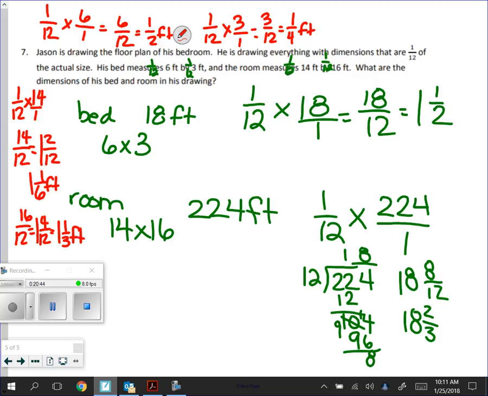So if you did the full area and then took the 12s, that was what you get. And if you do each dimension, which it did ask for the dimensions, so I would assume that is the way that you were supposed to, because it did ask for the dimensions. But I wouldn't fault you for doing the area, because that's the way I would have done it first, and then with reading it, really reading it, going, oh, it asked for dimensions. So that's really what it was asking for, is the dimensions.